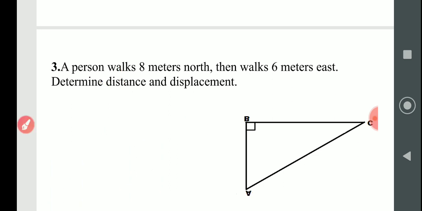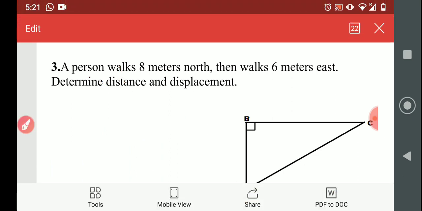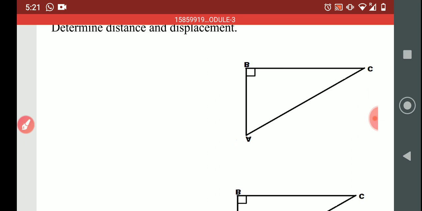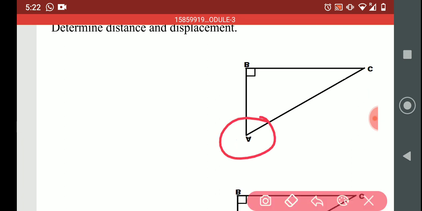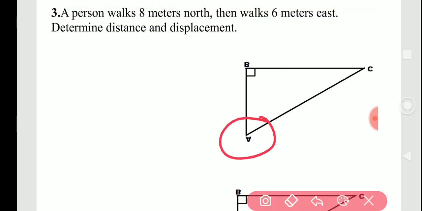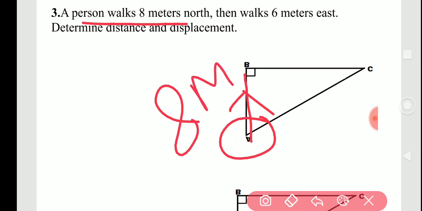Let us suppose our person is initially at the point A. So here is our person, which is in the north direction from point A. So the person walks north 8 meter. So let's assume A to B distance is 8 meter.